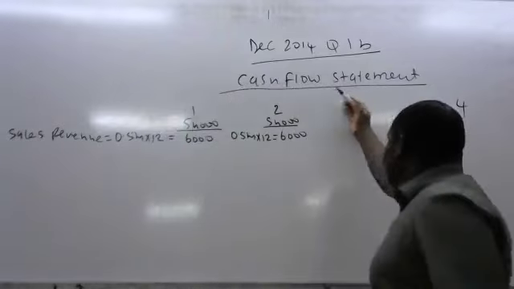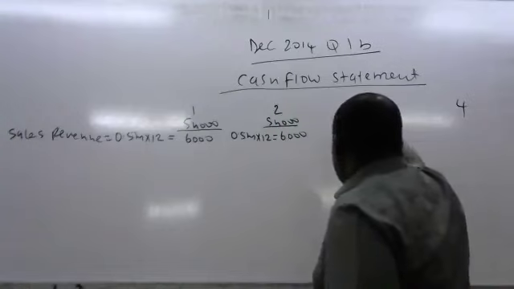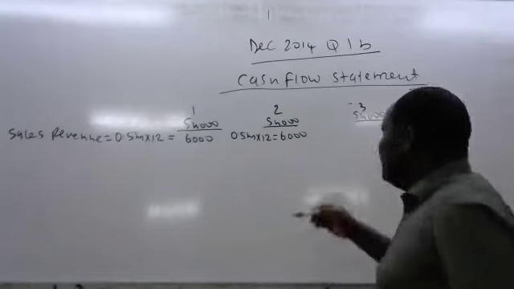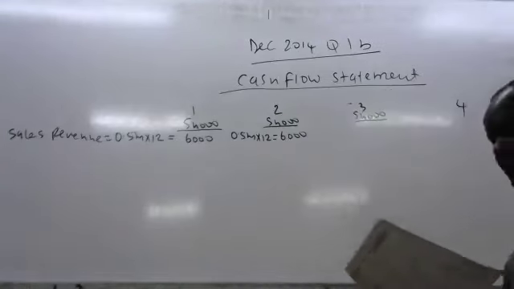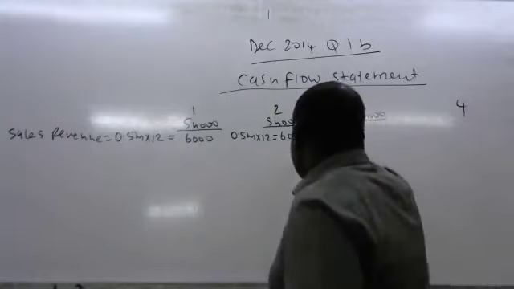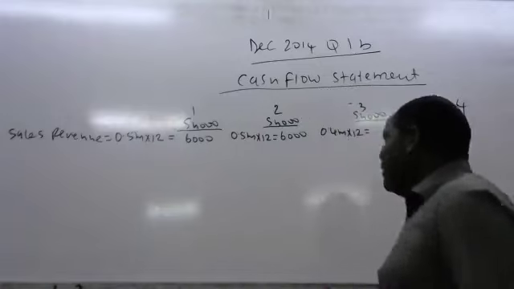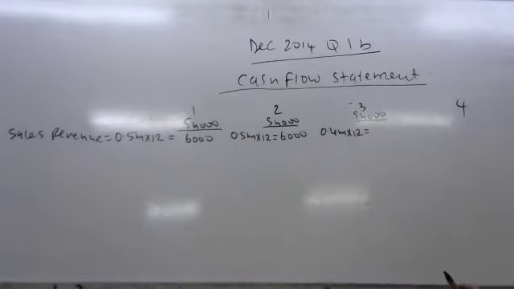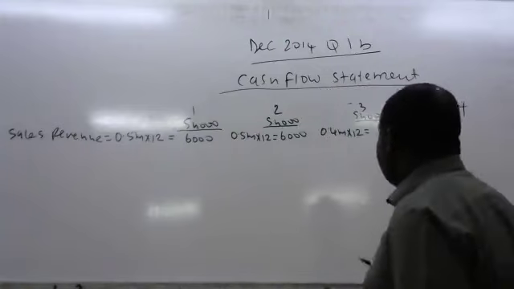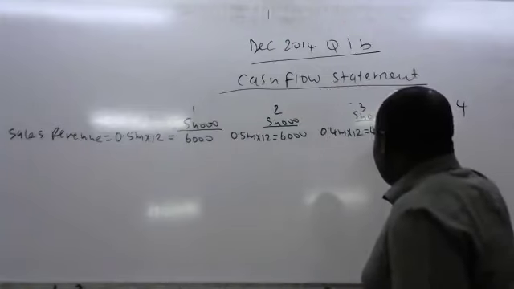When it comes to year 3, the units changed. They were able to give us 0.4 million units. You also multiply by 12. So that one should give us which year? 4.8.